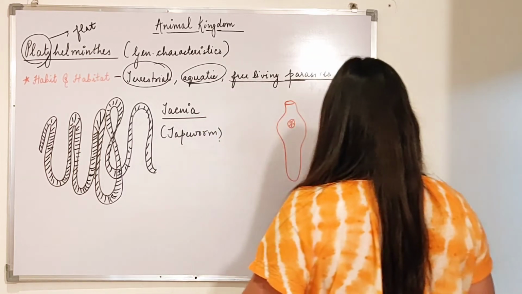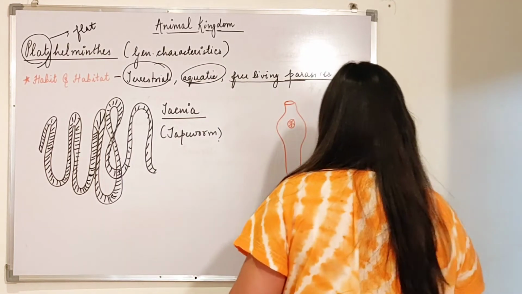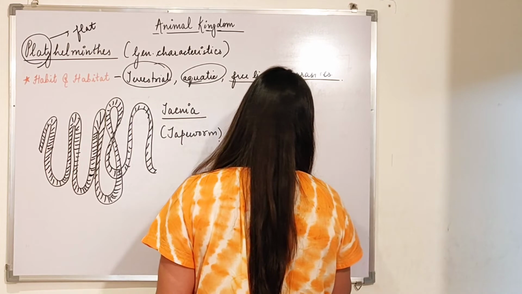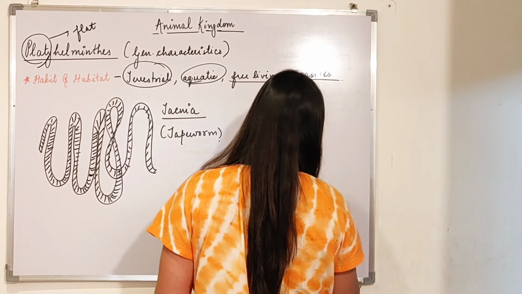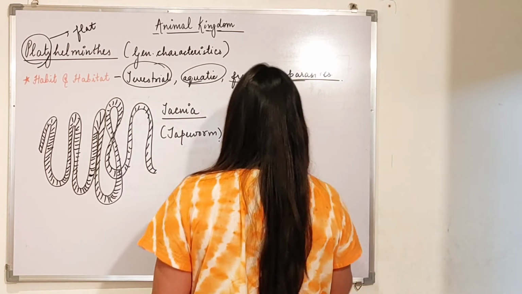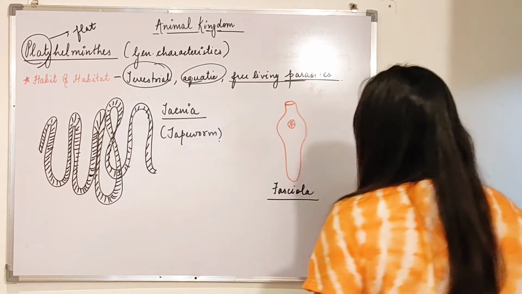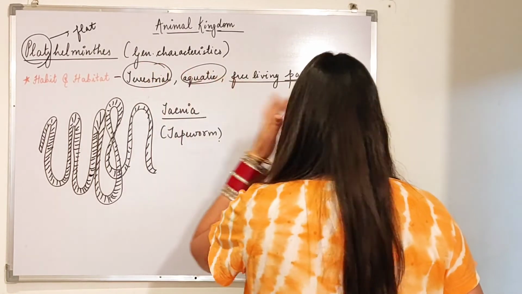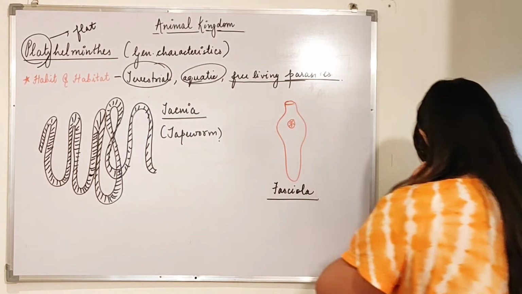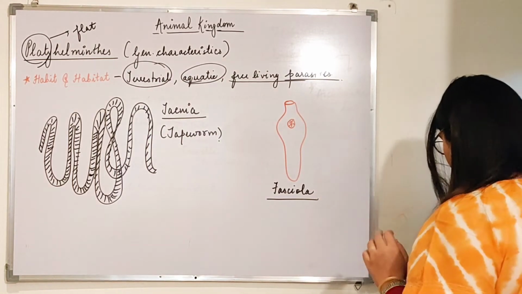This will be fasciola. This is fasciola. These both, beta, are examples of platyhelminths. Okay.